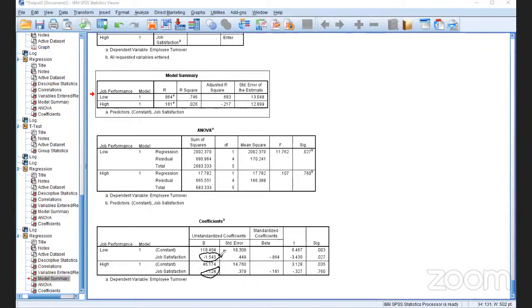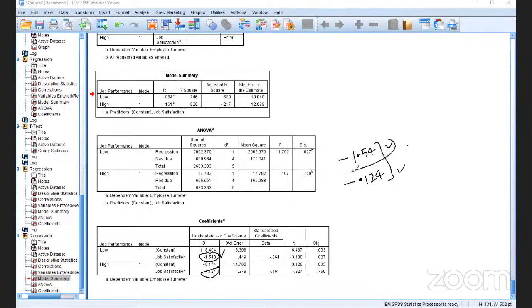Basically it is a slope. The first slope, for low job performers, is 1.54, and the other slope is minus 0.124. We want to check whether these slopes are significantly different or not. Directly through SPSS we cannot calculate this.